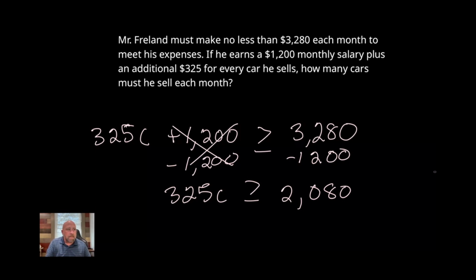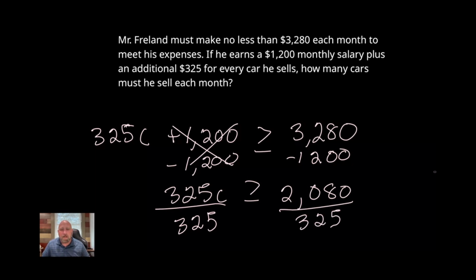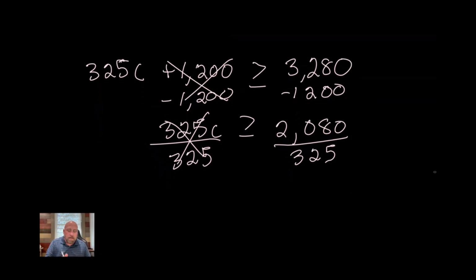And then I would divide both sides by 325. This is where you would want to use your calculator. That will cancel, and I'm going to end up with C is greater than or equal to, and if I plug this into the calculator, I get 6.4 cars.